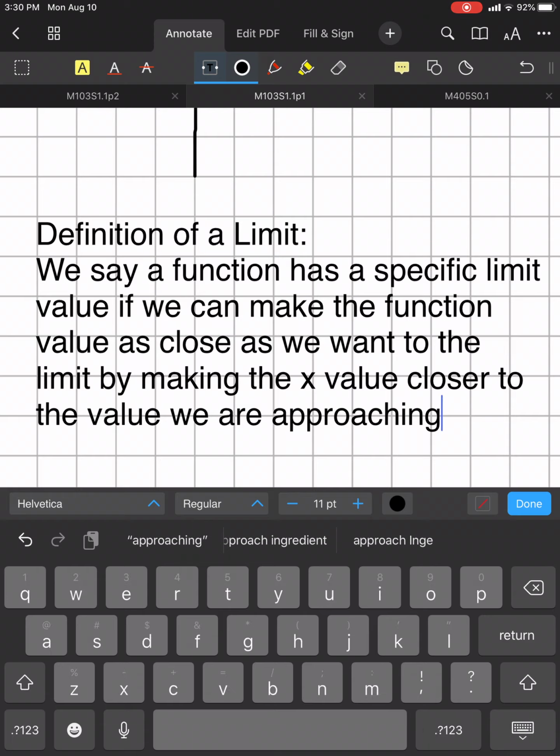That's the words version of that definition that you see in the chapter.